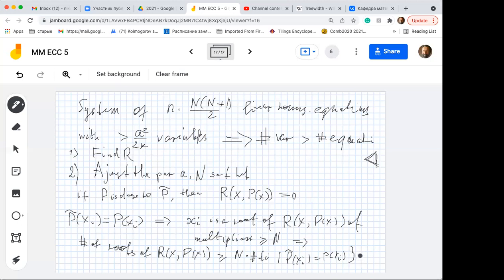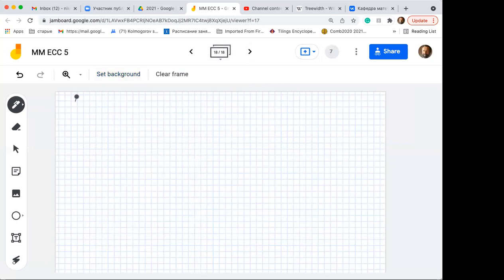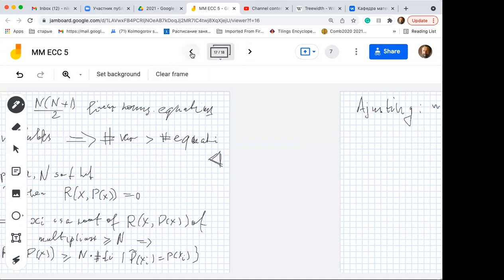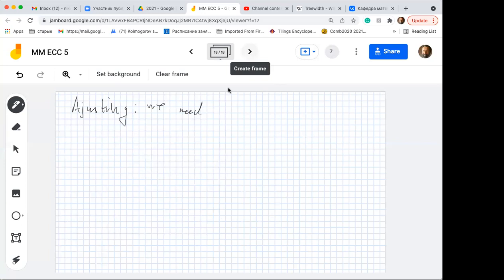And if this is larger than a, then we will obtain that this is indeed 0. So we need to adjust the parameters in the following way. We need that this number is larger than the degree, that means at least a.